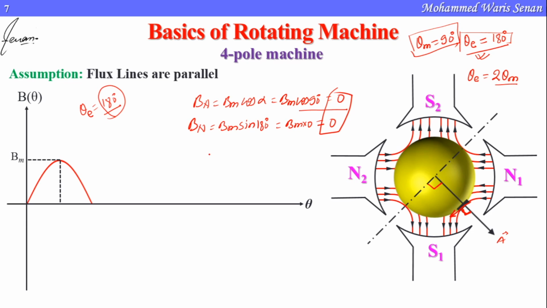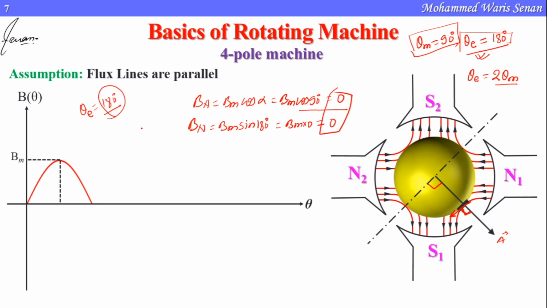Because when we draw the graph, applying both the cos and sine formulas, we get the same result. But in this case, since we are getting a different result, we have introduced the concept of electrical and mechanical angle. So for two pole machines, theta electrical and theta mechanical are the same, but for a four pole machine, they are different angles.